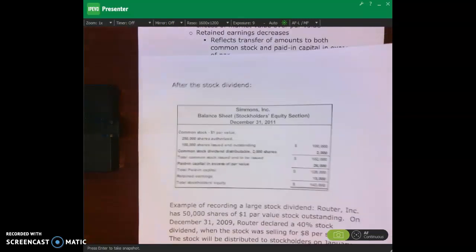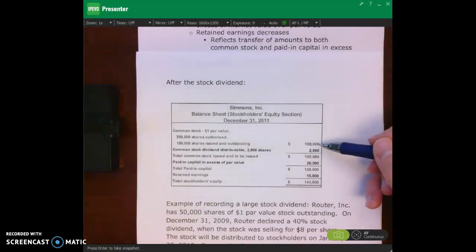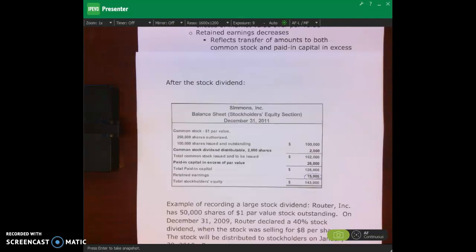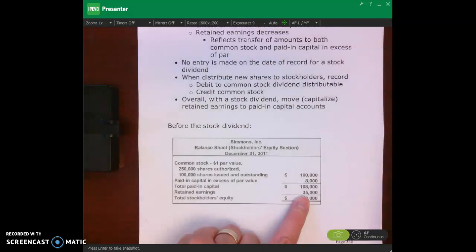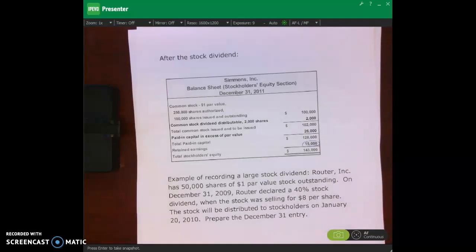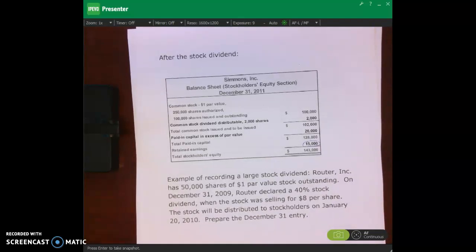And then this is what I wanted to show you. This is after. Let's look at the balance in retained earnings. It's 15,000 after. It was 35,000 before. The difference is that 20,000. Remember, we debited retained earnings for that 20,000 and removed it out of retained earnings, and we moved it into total paid-in capital.